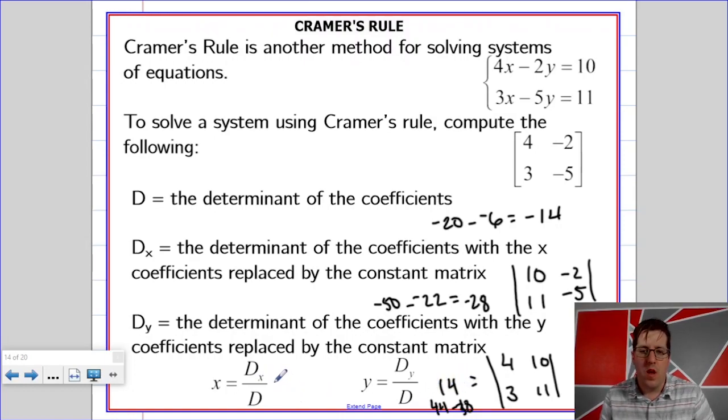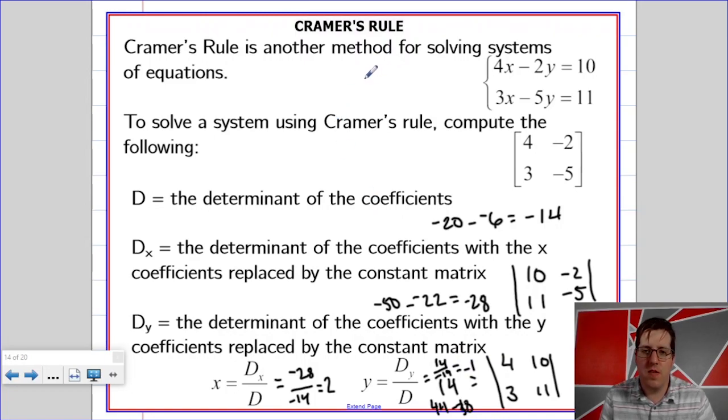So our x value for our system is going to be that x determinant divided by the original determinant, which is 2, and our y value for our system would be our y determinant, 14, divided by our original determinant, negative 14, which is negative 1.